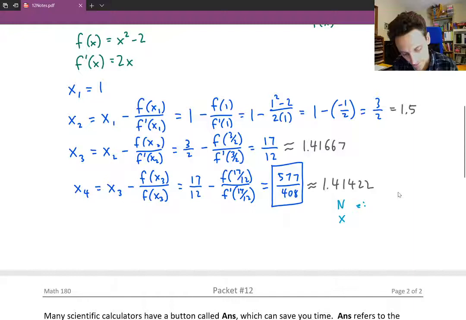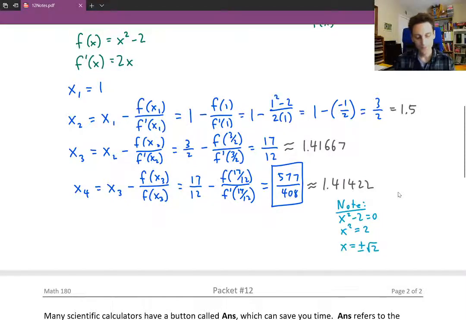So I'll put a little note. x squared minus 2 equals 0 will lead you to x equals plus or minus root 2, which, if you calculate the square root of 2, you end up getting approximately 1.41414. So this is the true 0, the decimal version of the true 0.